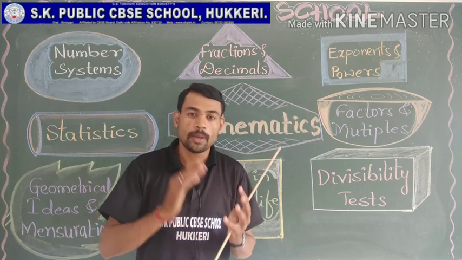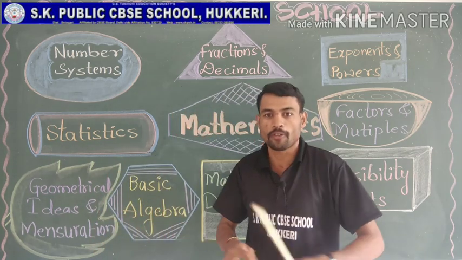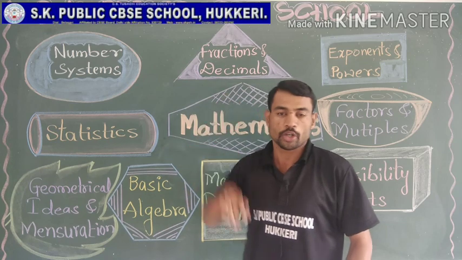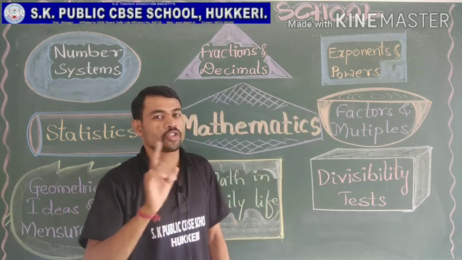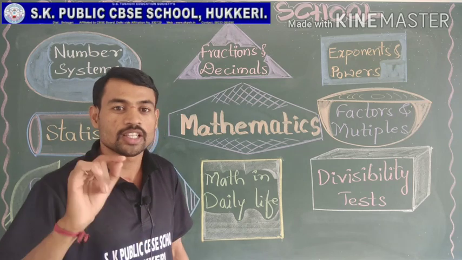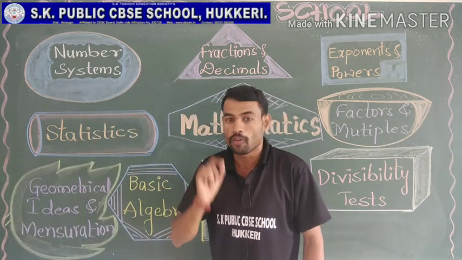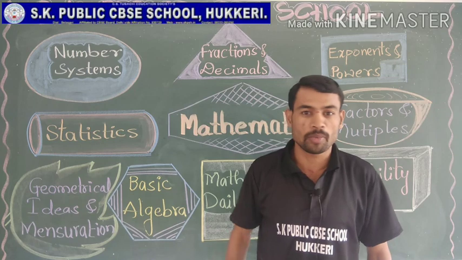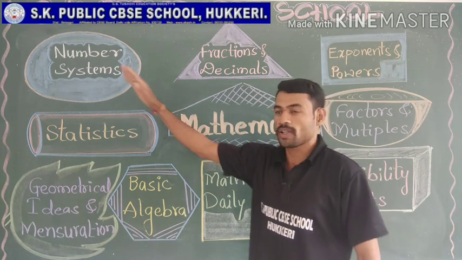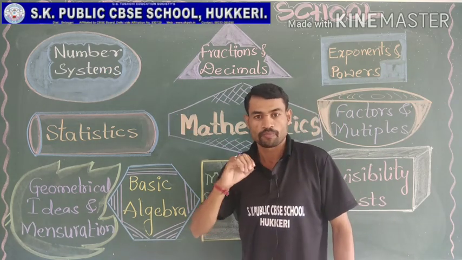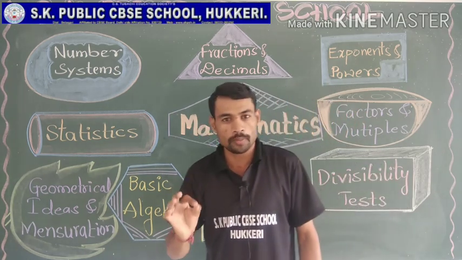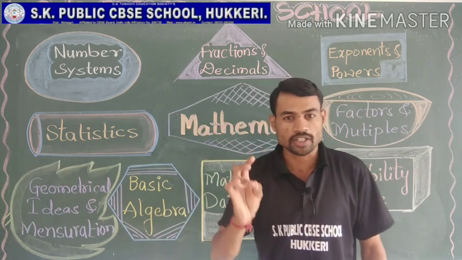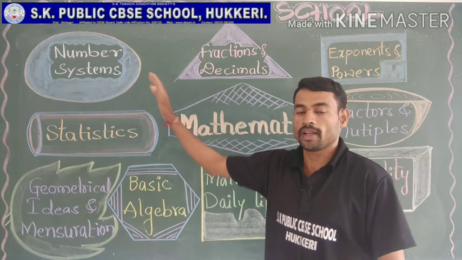But I am also going to give some more information about these units. Dear students, this foundation course is not only for your syllabus, it is also very important for your competitive examinations. So the first lesson is the number system. As I told, we are going to study natural numbers, whole numbers, integers, rational numbers, as well as irrational numbers.